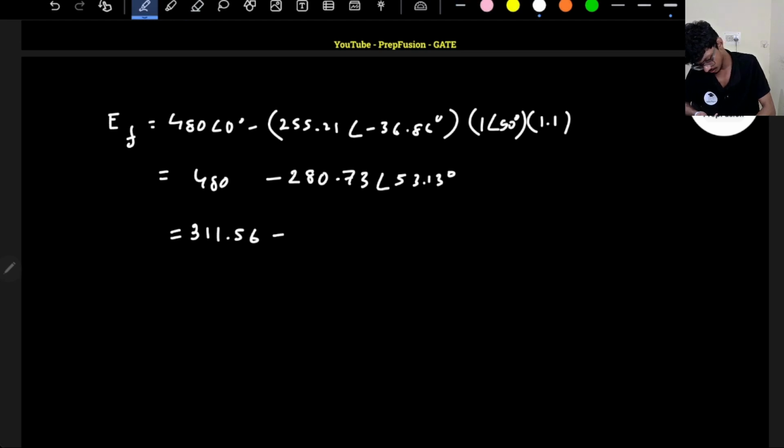And the reactive component, the negative sign was always there, is 53.13 sine into 280.73, so it is J 224.584. So this whole square plus 301.56 whole square, whole under root, comes out to be 384.